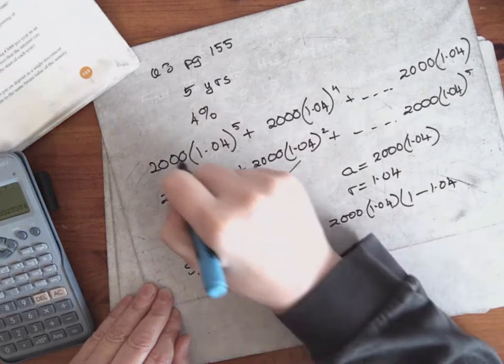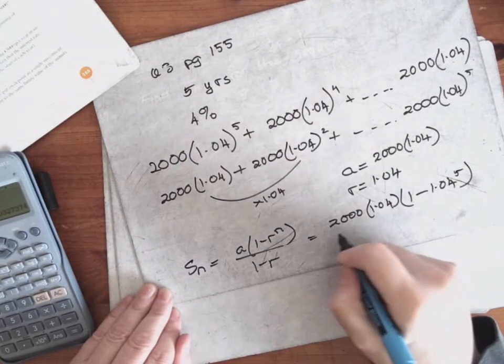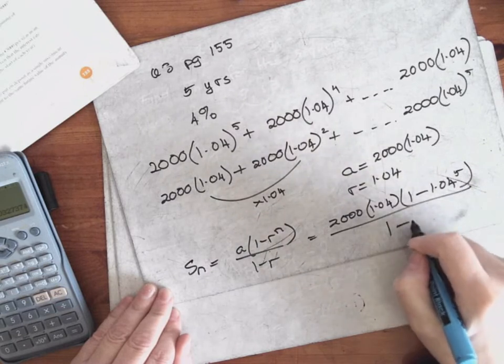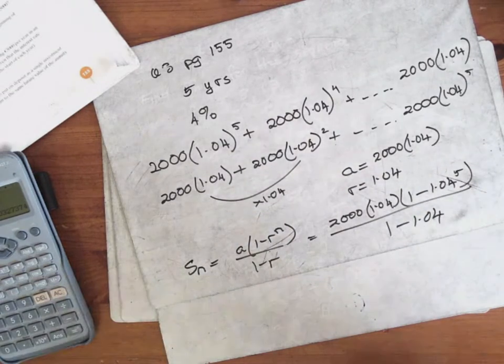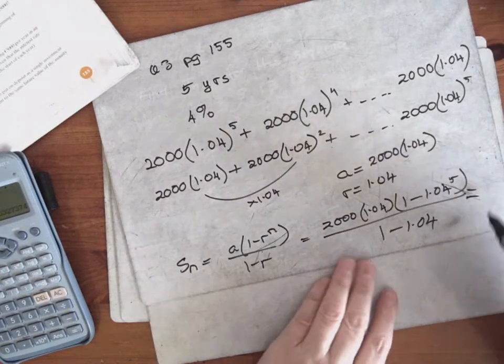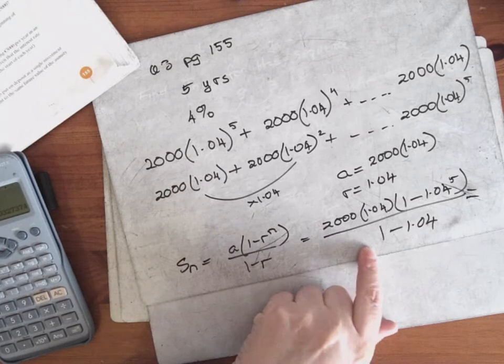N is the number of terms, so there are 5 terms in that sequence, to the power of 5 all over 1 minus 1.04. You put that into the calculator exactly as you see it and press equals. Okay, are we okay with number 3? Questions? We're all okay with putting it into the calculator, yeah?